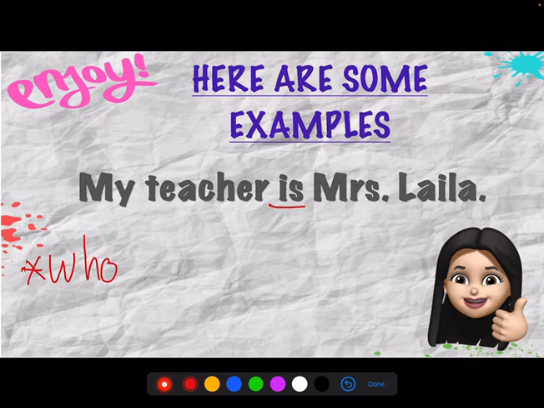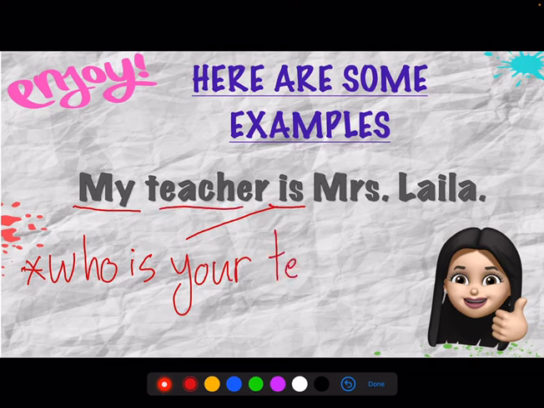So, who, for the helping verb, if you have the helping verb in the sentence, you have to take the helping verb as it is in the sentence and put it in your question. Let's see how. Who is, this one will change because you are asking the other person. Who is your teacher?